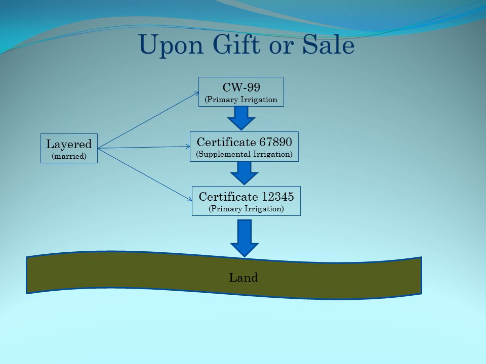Once the water right is gifted or sold, it becomes appurtenant to the lands of the purchaser and is subject to the layering provisions of ORS 540.510, which means it will be layered with other water rights. And satisfactory proof of the use must be submitted, and a certificate will ultimately be issued.